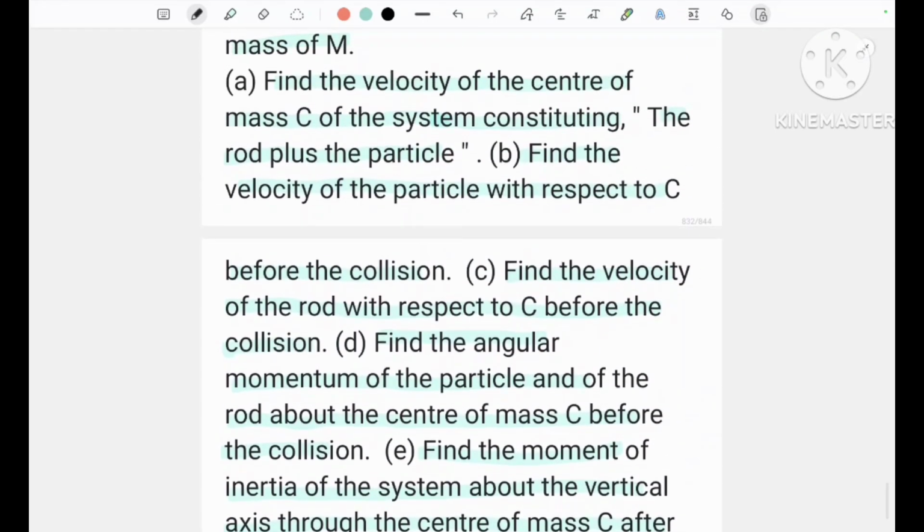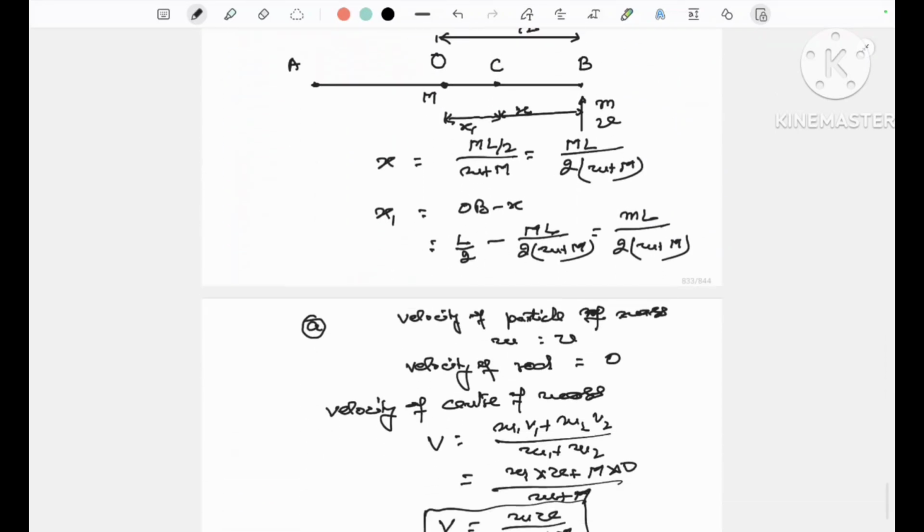Next, find the velocity of the particle with respect to C before the collision.